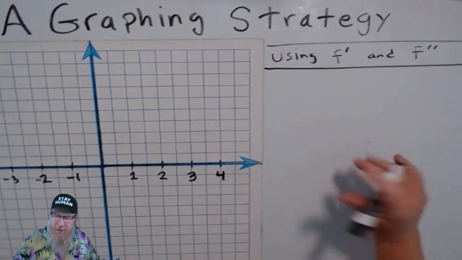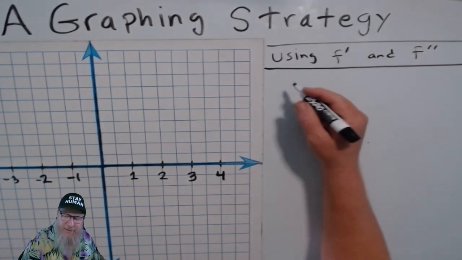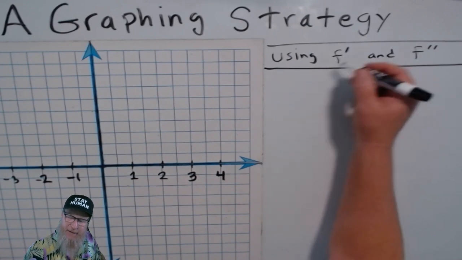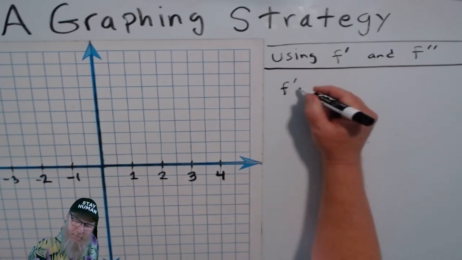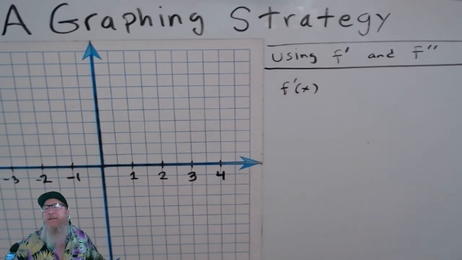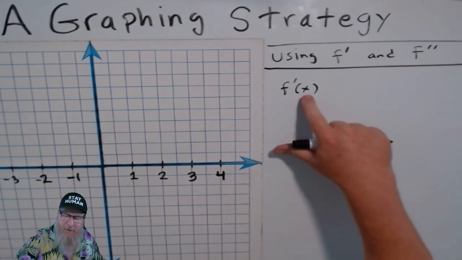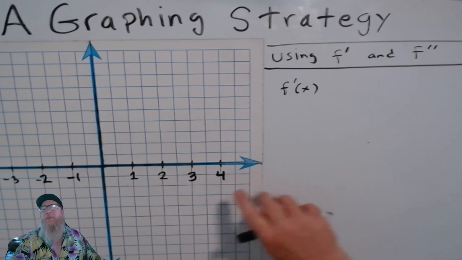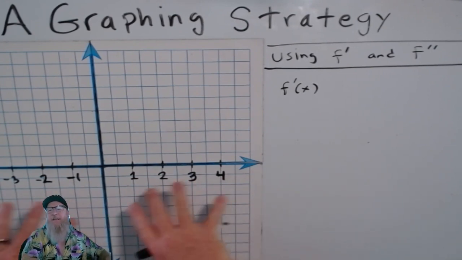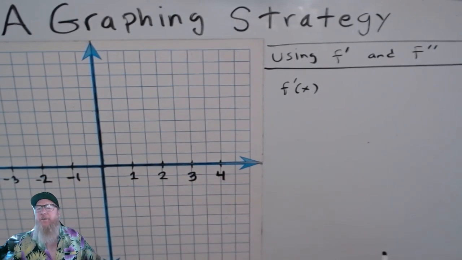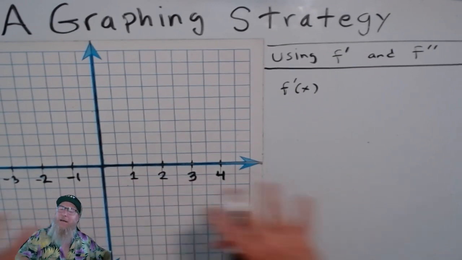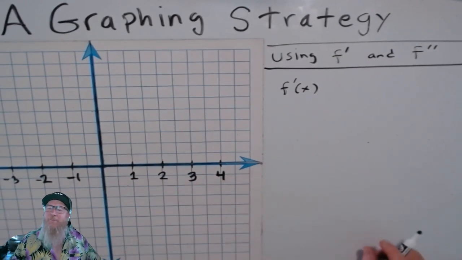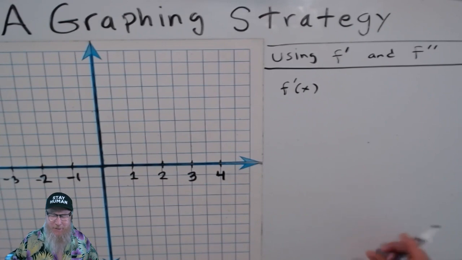A couple things I want to mention about what the derivatives tell us. Now, x could be any real number, but for the sake of simplicity, I've limited my x values here on the grid already. So I won't be going very far away from the origin in this presentation.